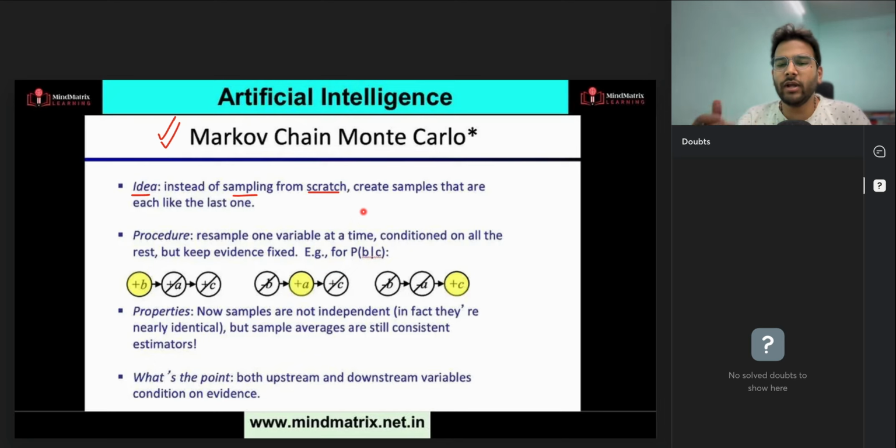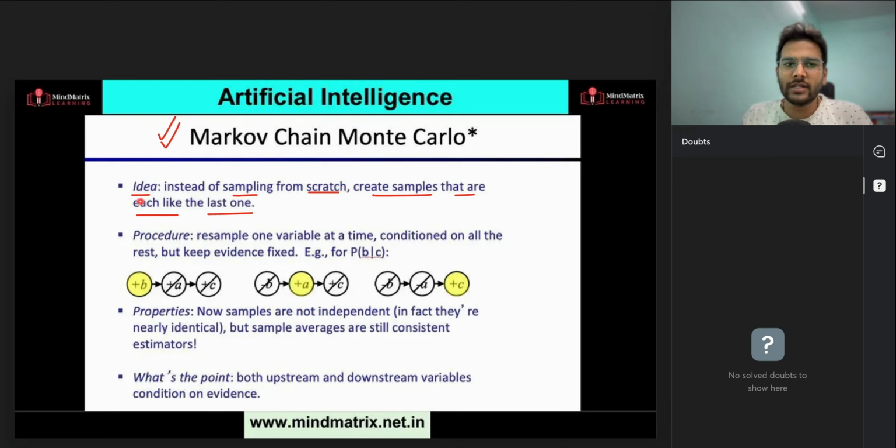All those things we try to answer using those samples only, instead of using the entire distribution. That is the idea of sampling. So instead of sampling from scratch, create samples that are each like the last one.